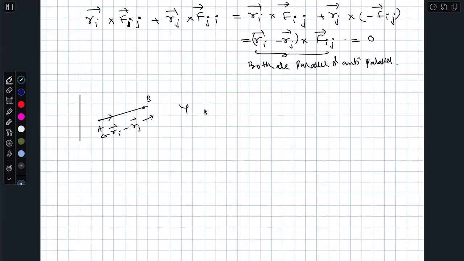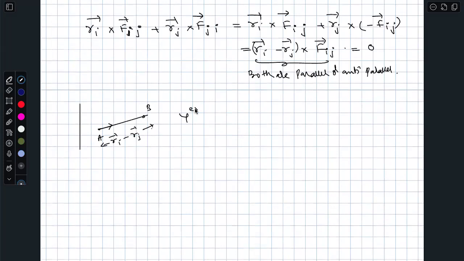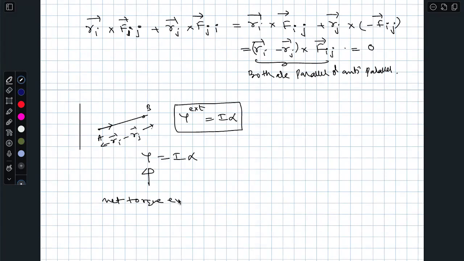So finally, to conclude, we can say that simply the torque due to external force is I alpha. Whenever we write tau is equal to I alpha, we are speaking about the net external torque.